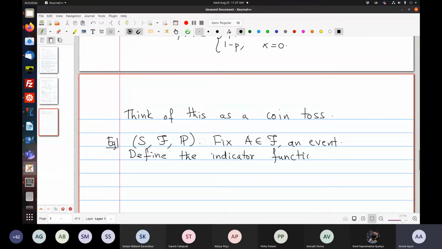You might have heard of indicator functions in your 101 and 102, I_A of x.